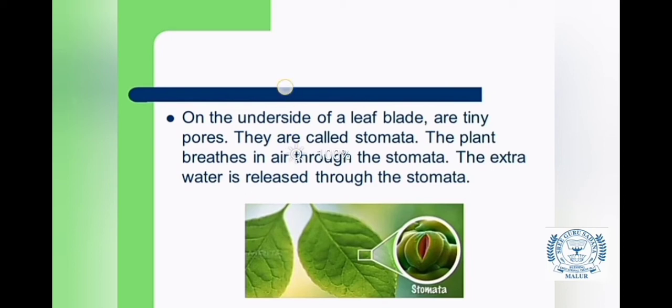The plant breathes in air through the stomata. The extra water is released through the stomata. So these small holes which are present in the leaf help the leaves to take in air and leave the air out, and also it throws back the excess water out.